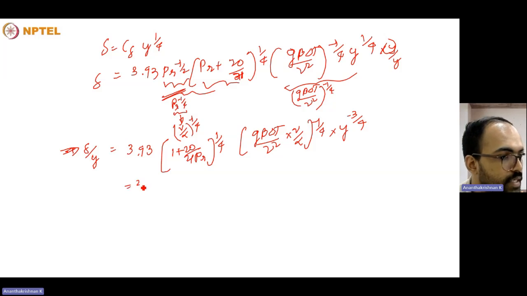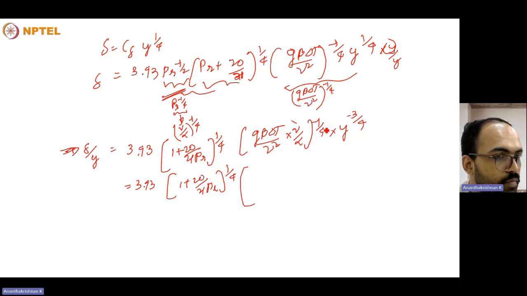So take it up inside. So it will be 3.93 into 1 plus 20 by 21 Prandtl number raised to 1 by 4. Cancel this and this, and take this y cube inside. So it will be g beta delta T y cube divided by nu alpha raised to minus 1 by 4. This is minus 3 by 4.